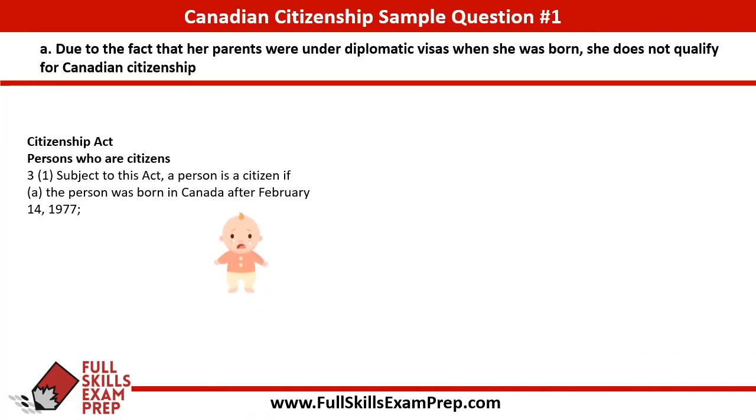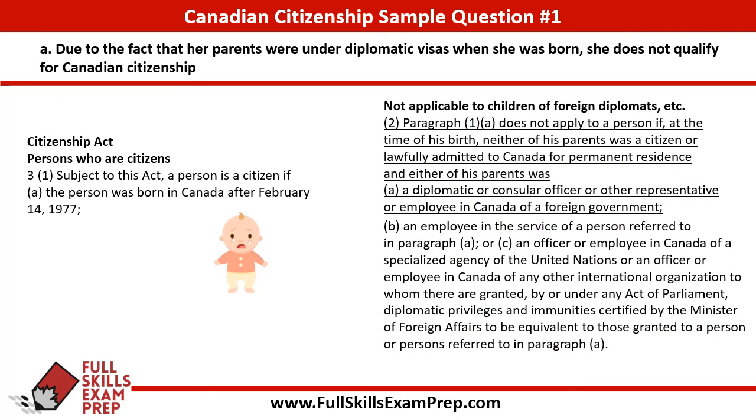No, because what if the person's parents are in Canada as diplomats, or if the husband is a diplomat and the wife is accompanying the foreign diplomat and they're both on, of course, those diplomatic visas? Well, then this does not apply to them.